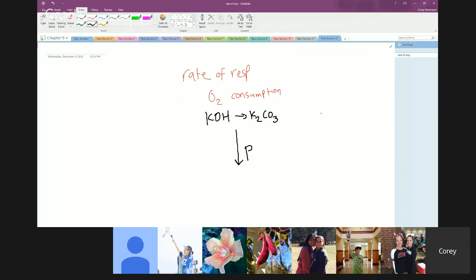water to move. So if this is your microrespirometer, you have a little capillary tube, you have a syringe, and there's the plunger. You have your potassium hydroxide down here. You have some cotton right here so that the organism doesn't come into contact with it. And then you just have your organism. In this case, it's germinating peas. And as these peas germinate, the pressure in the chamber goes down.